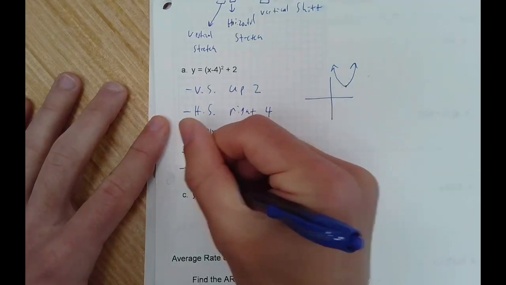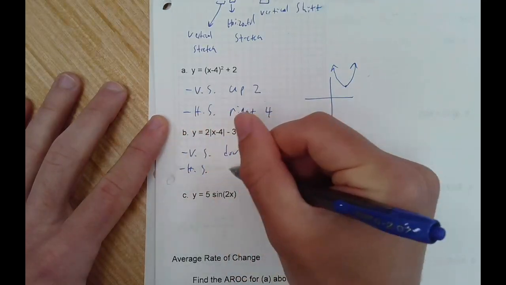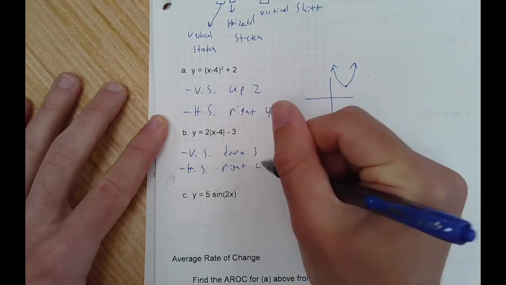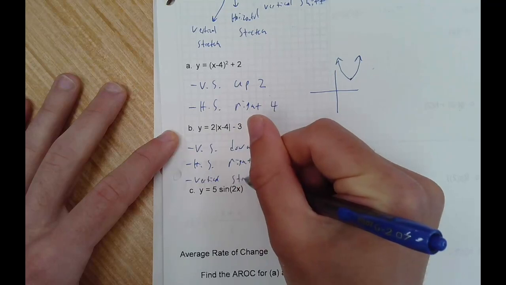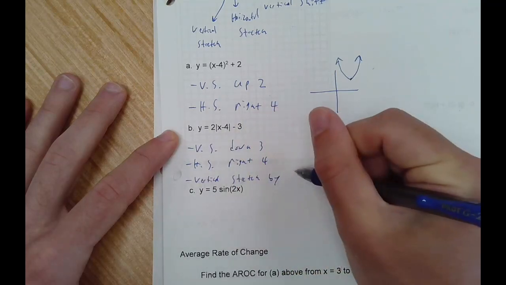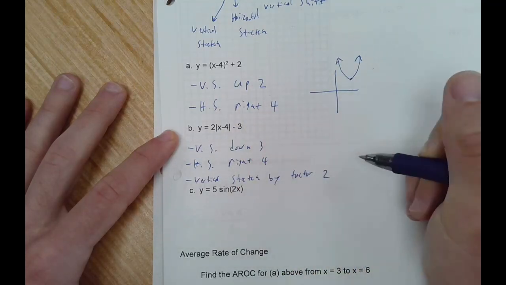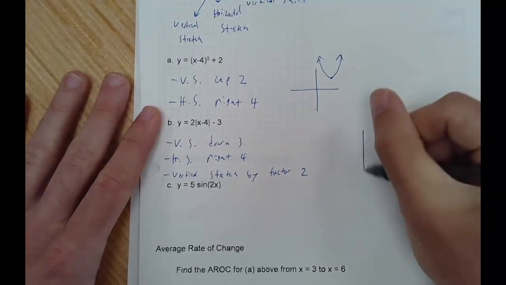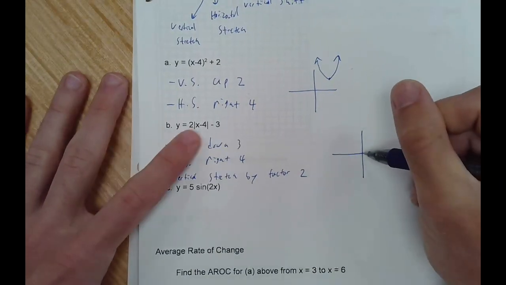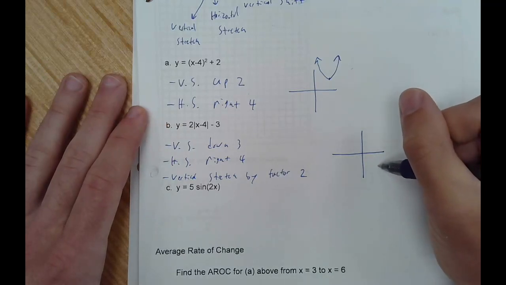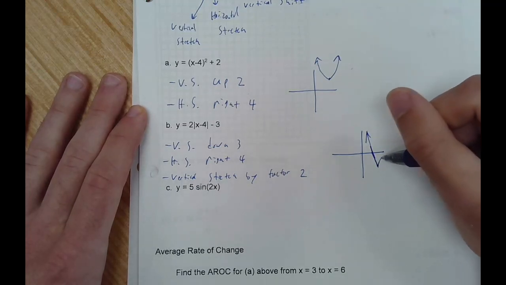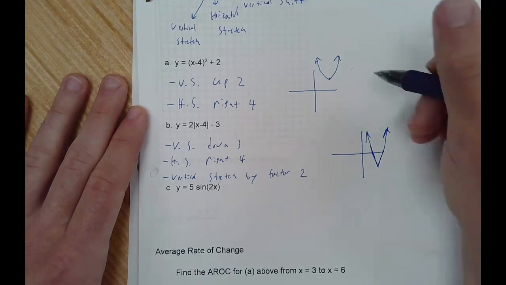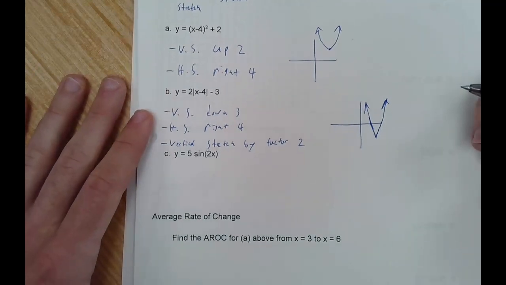We have a horizontal shift right 4. And then we have a vertical stretch by factor 2. So how does this look? This is an absolute value function, but we're going to write 4, down 3, and it would be twice as steep, right, as a regular absolute value function.